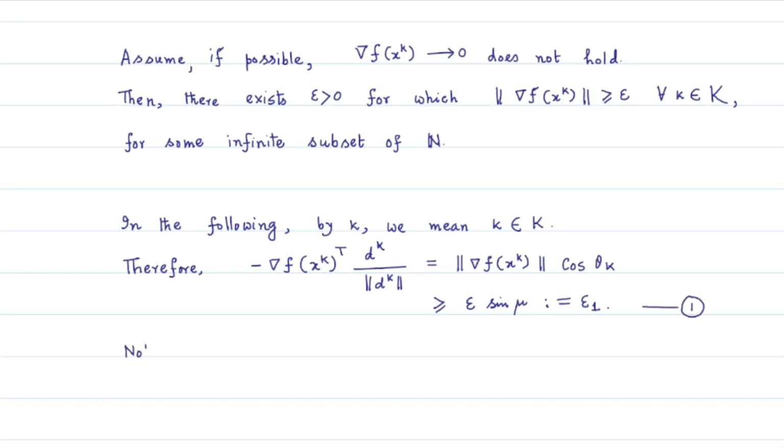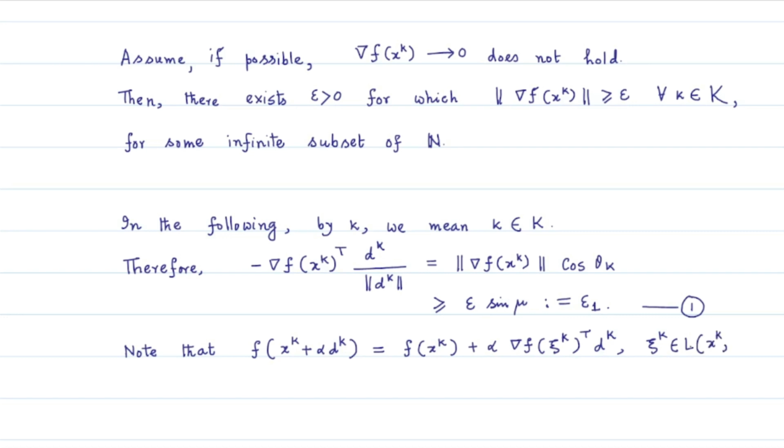Now we notice that for any alpha greater than 0, for which this xk plus alpha dk is lying inside the initial level set L naught, we have by the mean value theorem f of xk plus alpha dk equals f xk plus alpha times gradient f of xi k transpose dk, where xi k is a vector lying in the line segment joining xk and this point xk plus alpha dk.